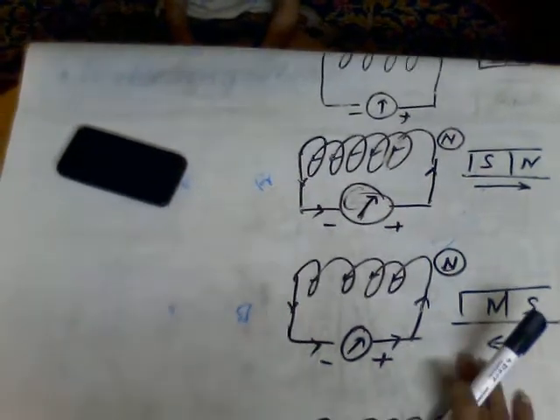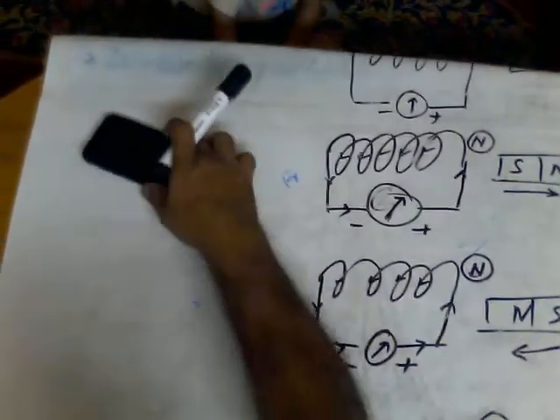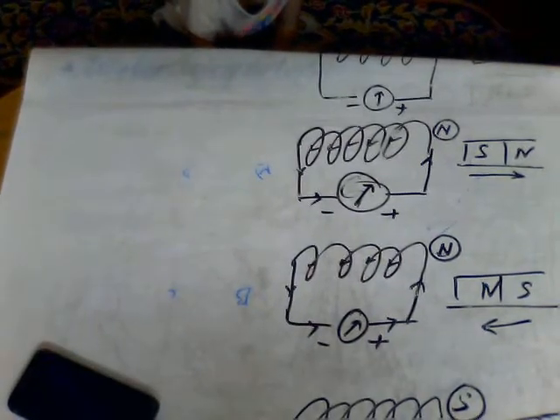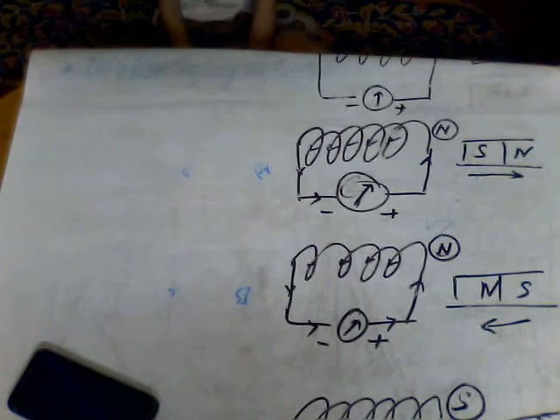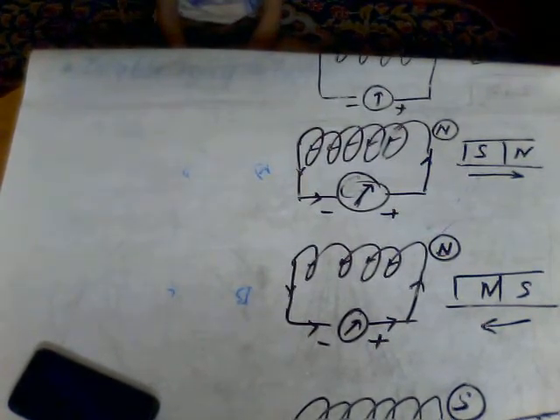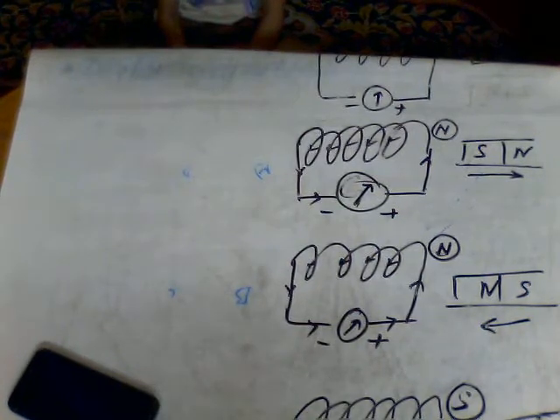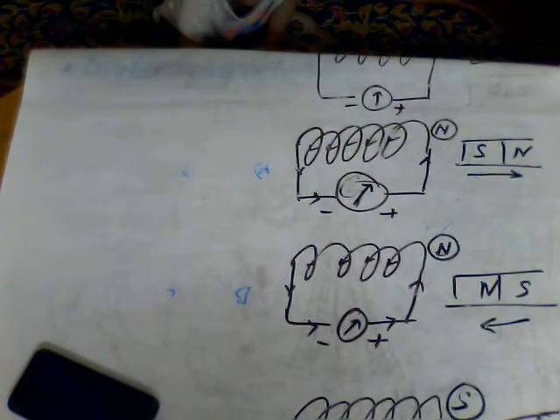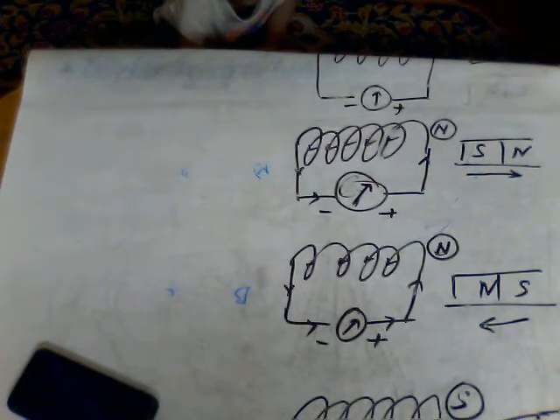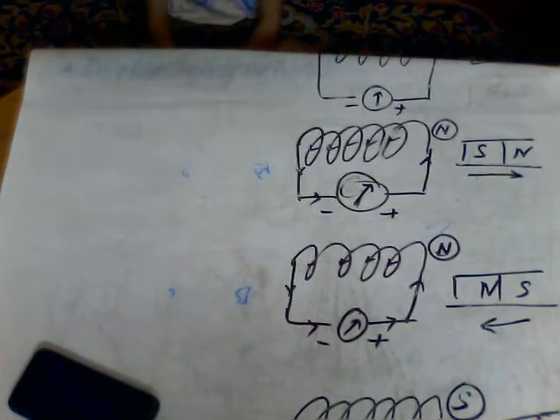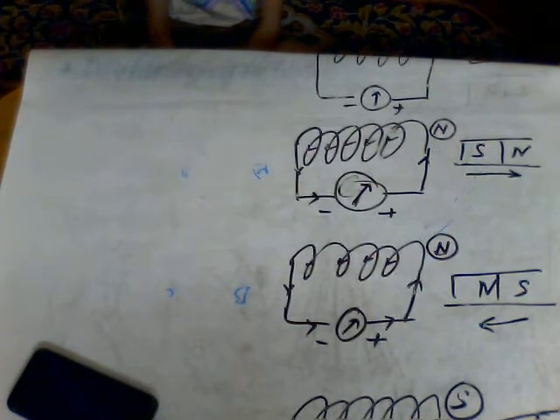In the last figure, the last result, we see that if we move the north pole of the magnet away from the solenoid, the direction of the current will be toward the north pole. In the case of the south pole and the north pole, the situation is entirely opposite.